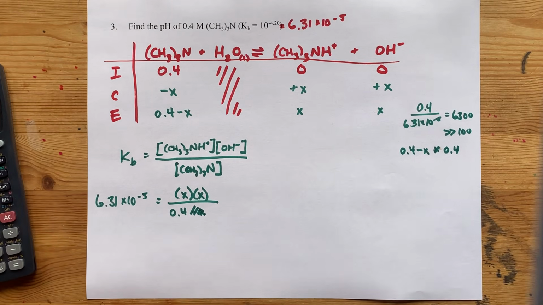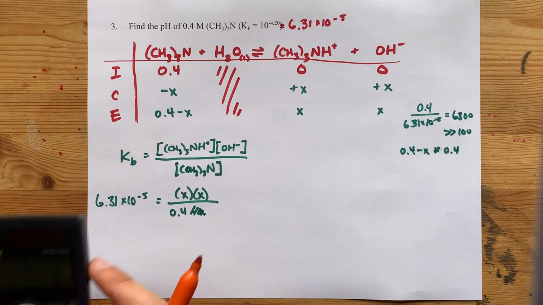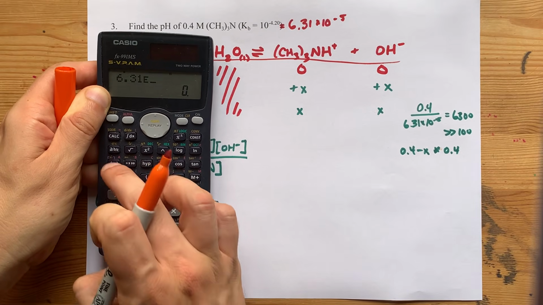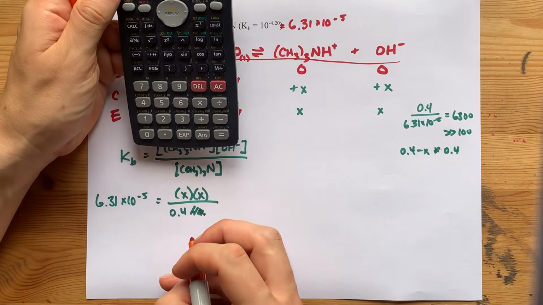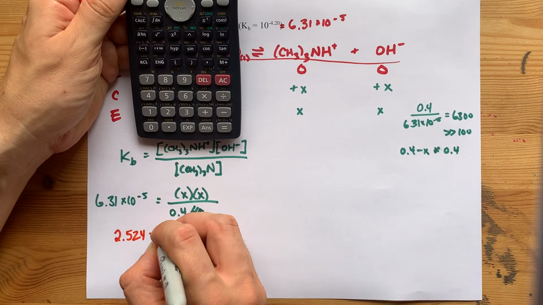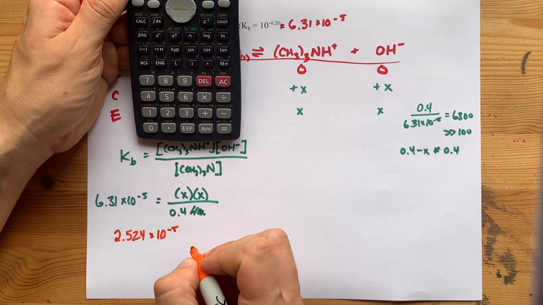Okay, let's solve this. You can undo division by 0.4 by multiplying by 0.4. 6.31 times 10 to the negative 5 times 0.4 gives me 2.524 times 10 to the power of negative 5.